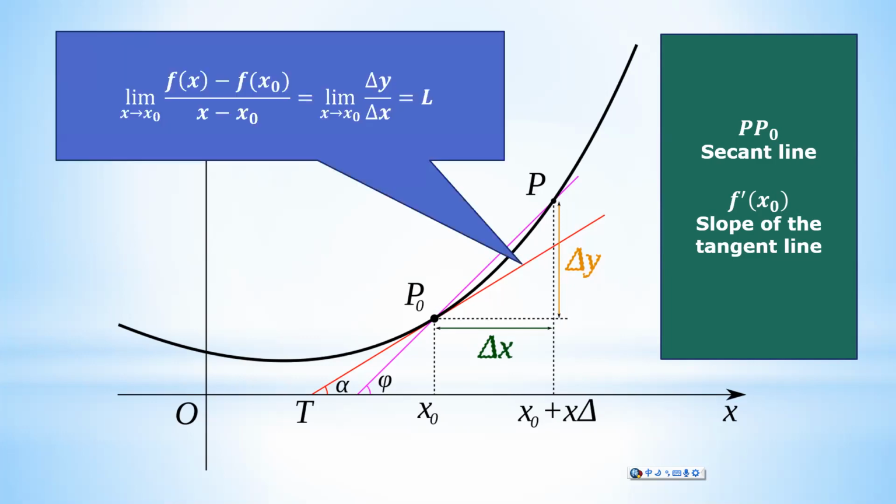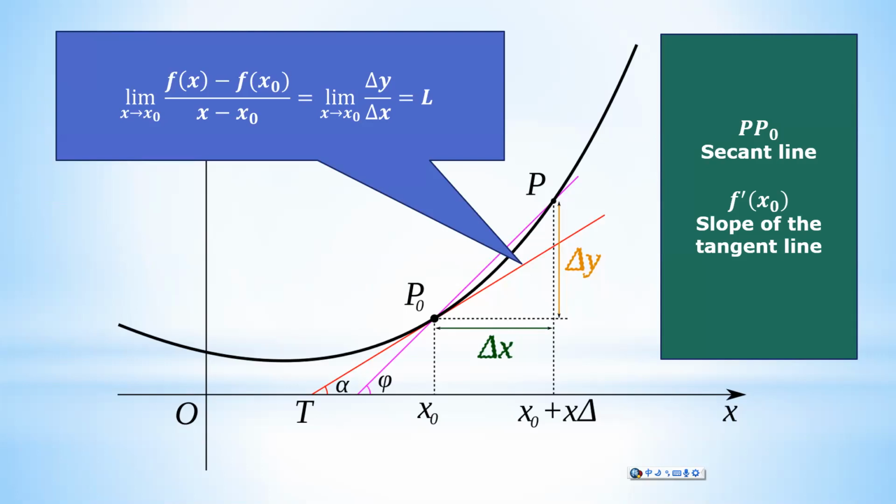Now if we look at this picture, we can see that if we take the ratio (f(x) minus f(x naught)) divided by (x minus x naught), this corresponds to the slope of the secant line. f(x) minus f(x naught) corresponds to delta y, the difference of height, divided by x minus x naught, the difference of x, that's delta x.